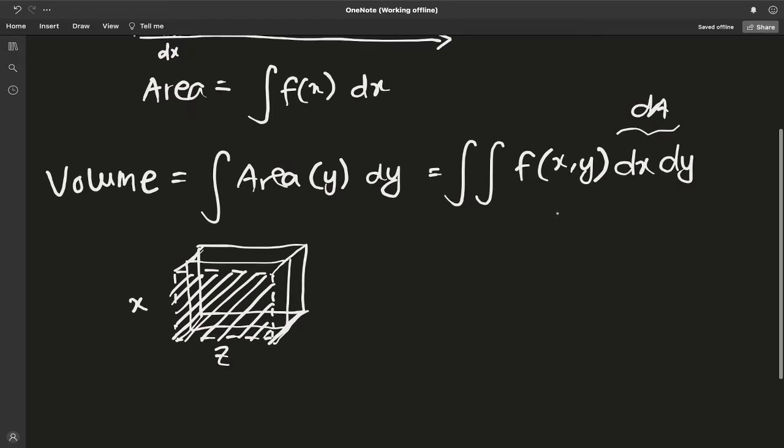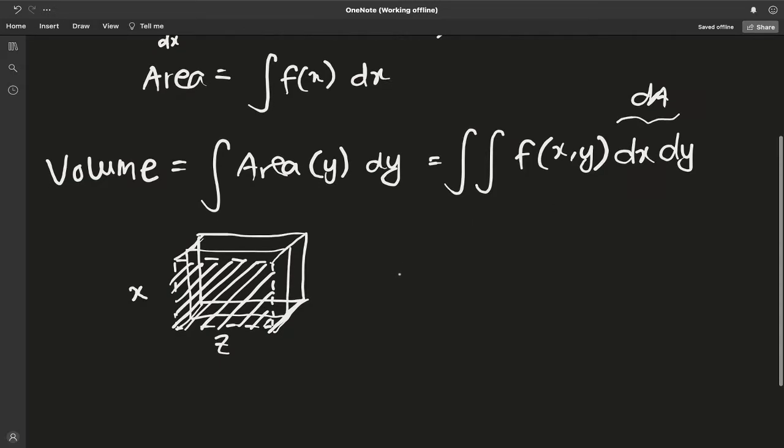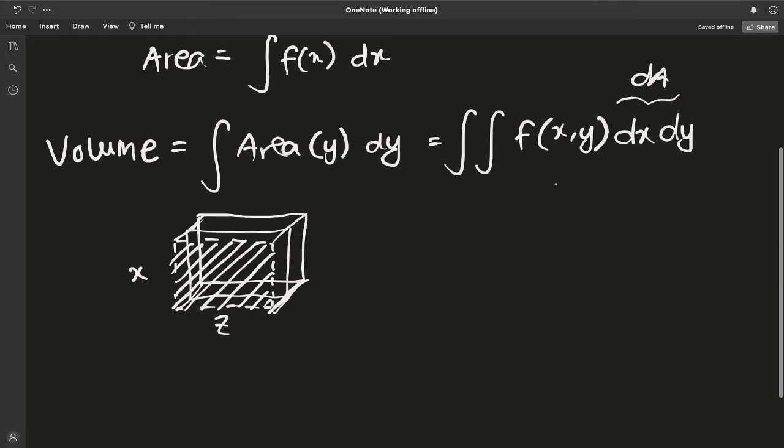one way of thinking about this would be, well, you have some region here. We can call this region R, that we are integrating over. So this is region R. What we're doing is we're taking some pieces in the x direction.